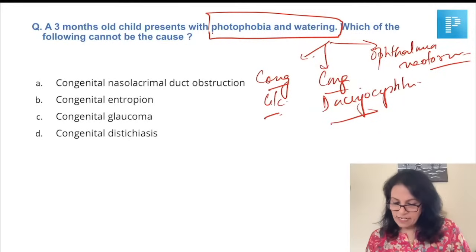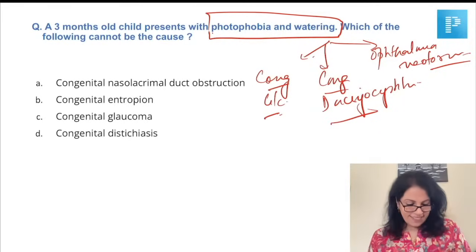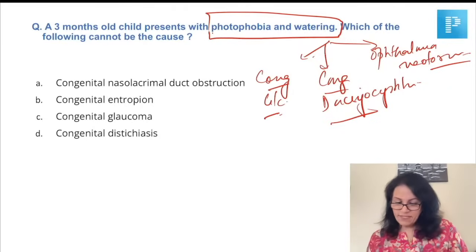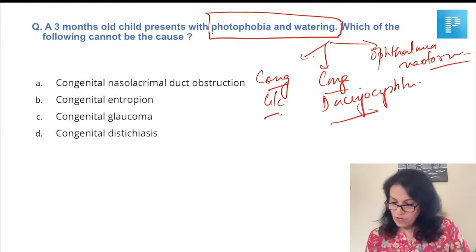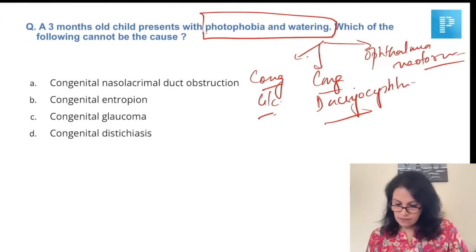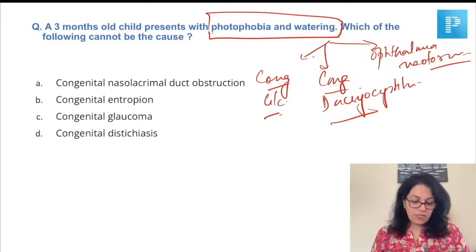Unilateral and bilateral cause, I think I haven't got the exact question here. So what was the question? Was it unilateral or was it bilateral?